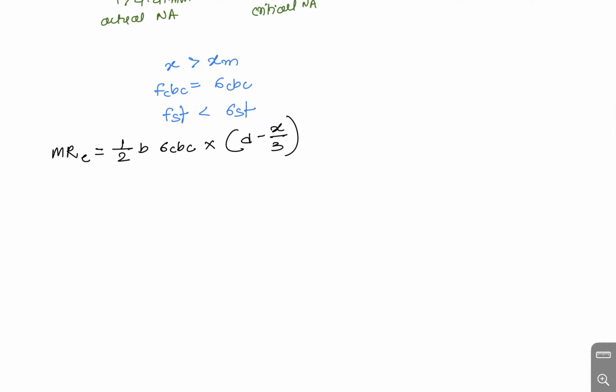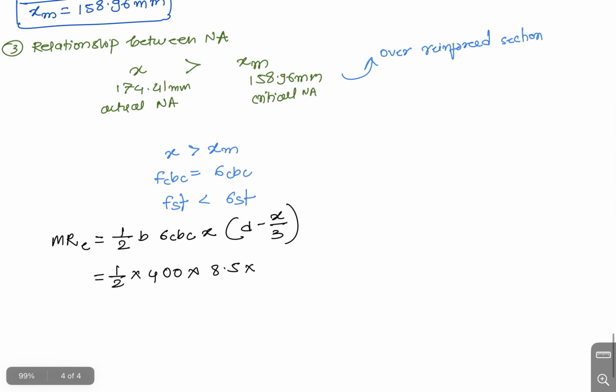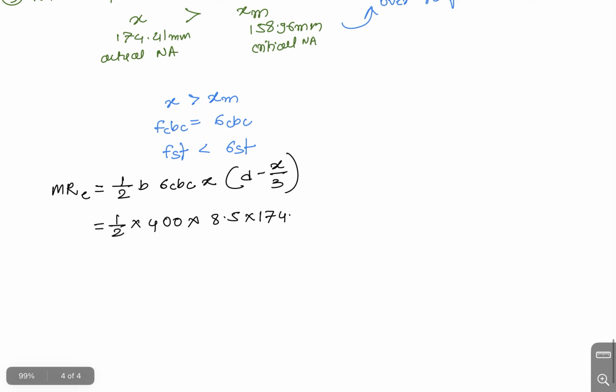Now 1 by 2 into b, which is 400, sigma cbc is 8.5, and the x value is 174.41, the higher one rather than the critical one we calculated, multiplied by 550 minus 174.41 divided by 3.